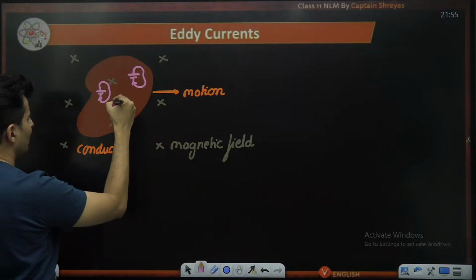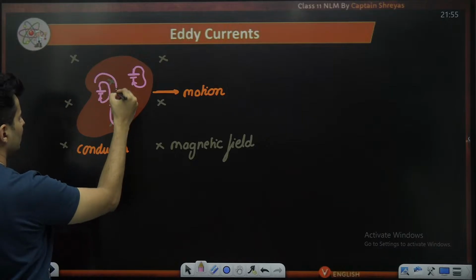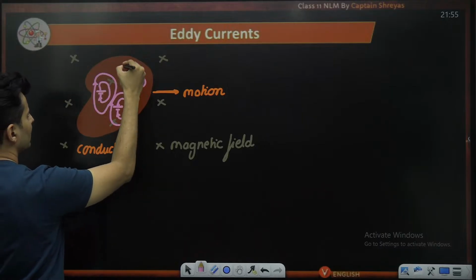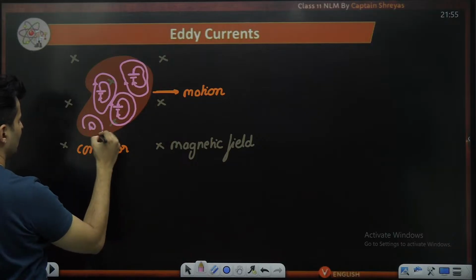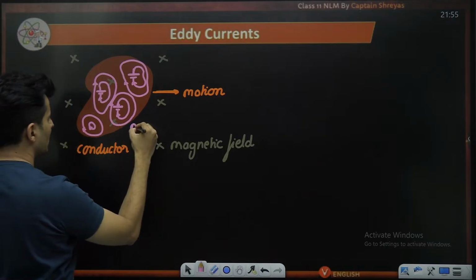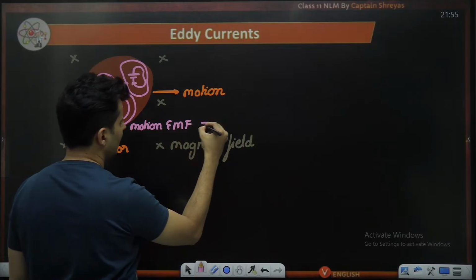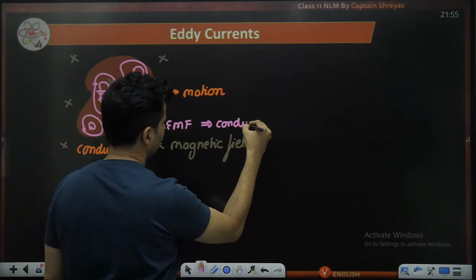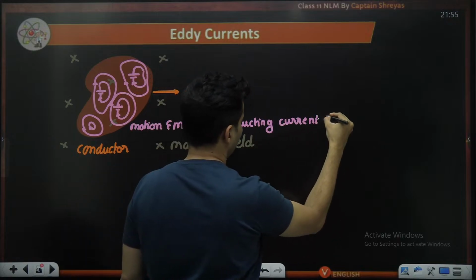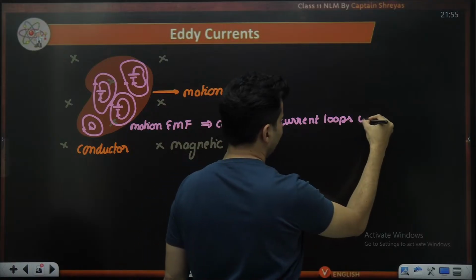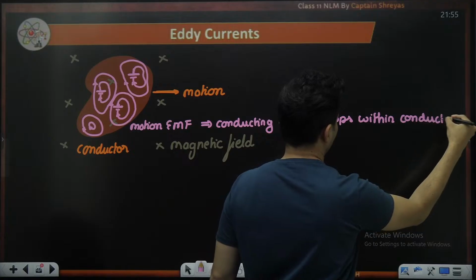And not just this, there will be many such conducting loops which will be formed over here like this. Due to motional EMF, motional EMF is creating conducting current loops within our conductor.